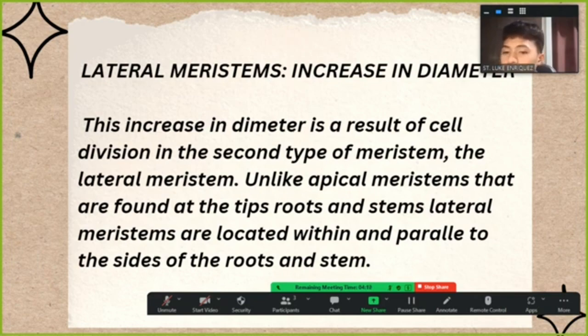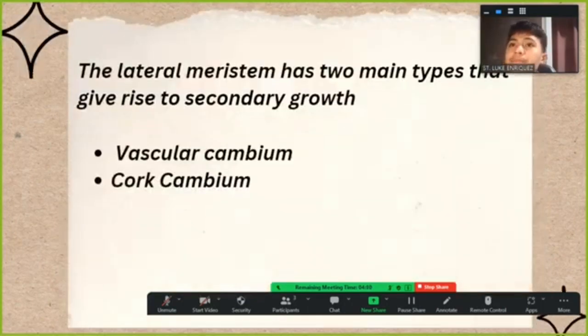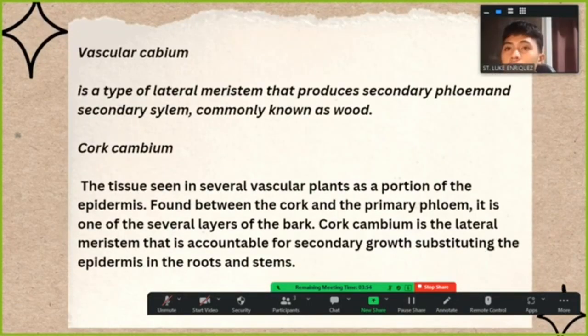Next slide. The lateral meristem has two main types that give rise to secondary growth: the vascular cambium and the cork cambium. Next slide.